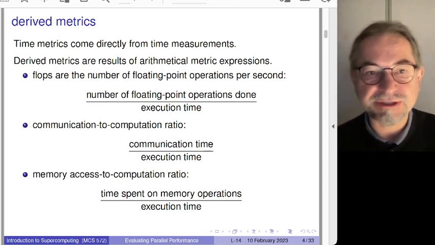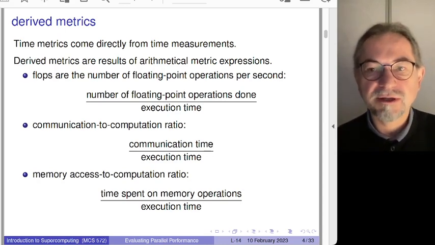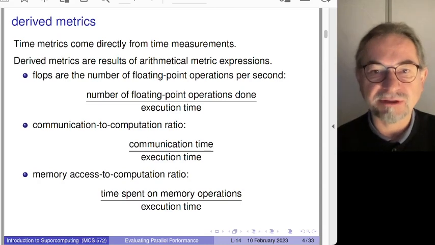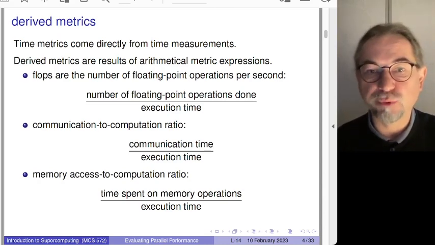But then we are interested in performance in floating point arithmetic. So if we think about scientific applications, we compute and we report the number of floating point operations per second.